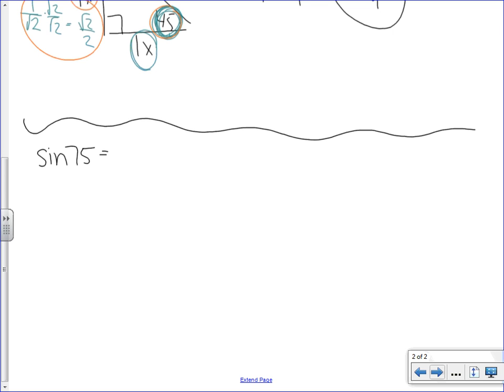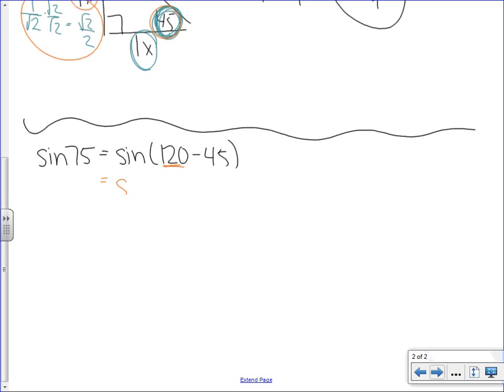But instead of writing 75 as 30 plus 45, I'm going to write 75 as 120 minus 45. Alright, so if this is how you saw 75, cool beans, man. Go for you. Because we can still use the exact trig values because 120 has a reference angle of 60. And now we can just use the difference formula and we'll be good to go.